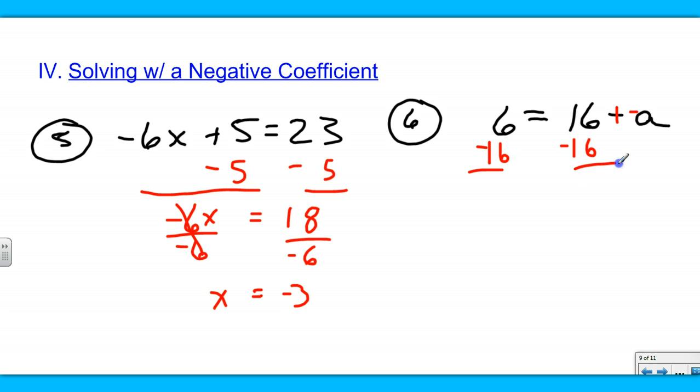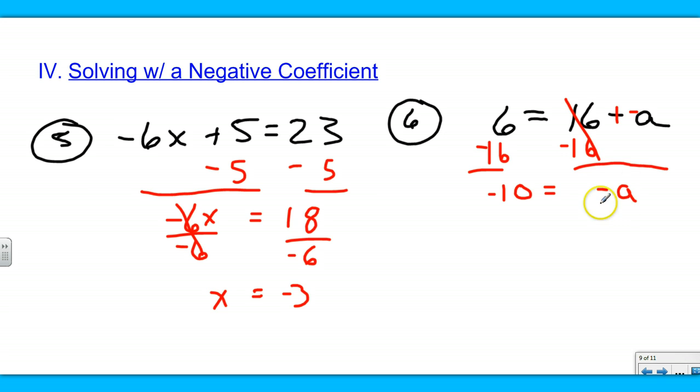Okay, and sometimes people see that subtraction and they think, oh, I got to add 16. But if we think about that, 16 plus 16 would not move 16 away from a, would it? But 16 minus 16 eliminates it from this side of the equation. And we're just left with negative a, right? Equals, what is 6 minus 16? Good job, negative 10.